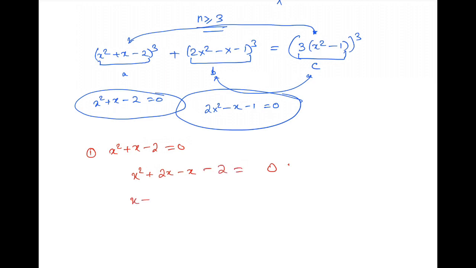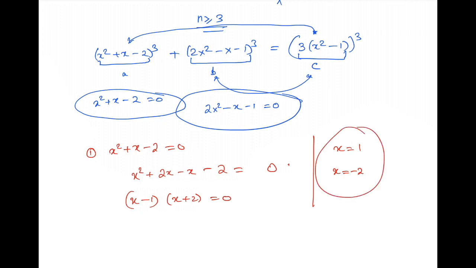So we have (x minus 1) times (x plus 2) equal to 0. So x equals 1 or x equals minus 2. These two values make the first piece equal to 0.